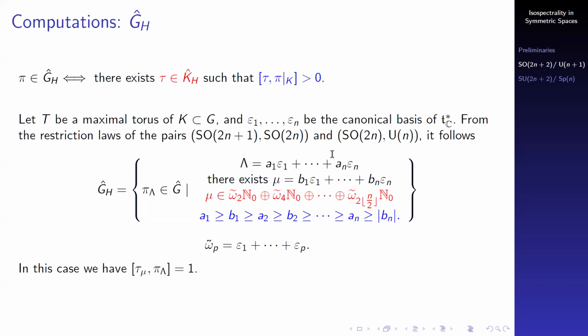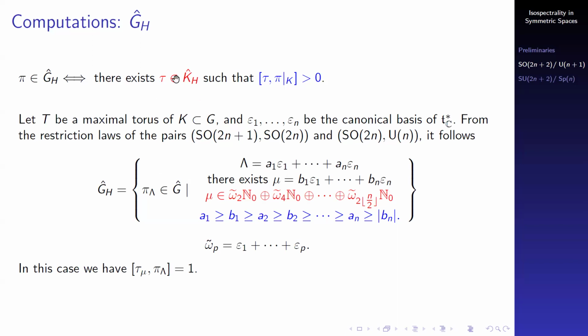We have the following. The spherical representations of GH can be expressed by this set. This is P lambda, where lambda is the maximal weight of the representation P, and we write lambda as a1 epsilon 1 plus up to an epsilon n. And the red condition says that there exists a representation in K. Let's write this representation as b1 epsilon 1 up to bn epsilon n.